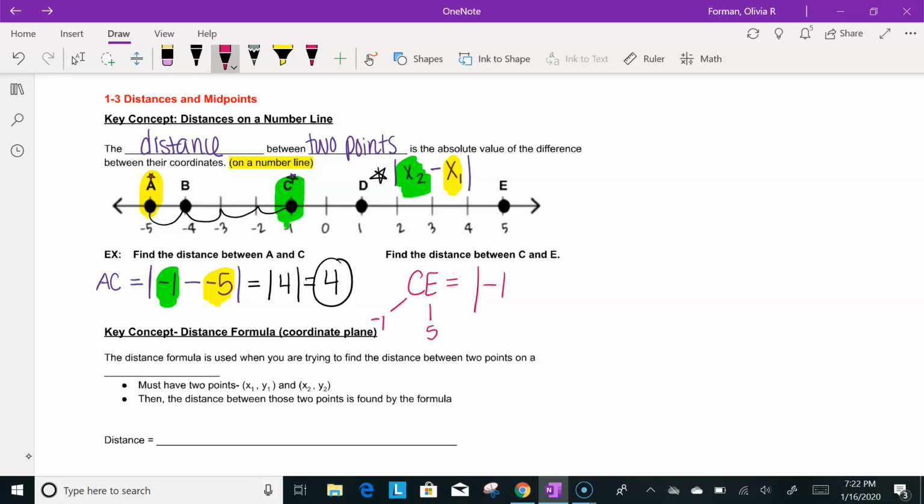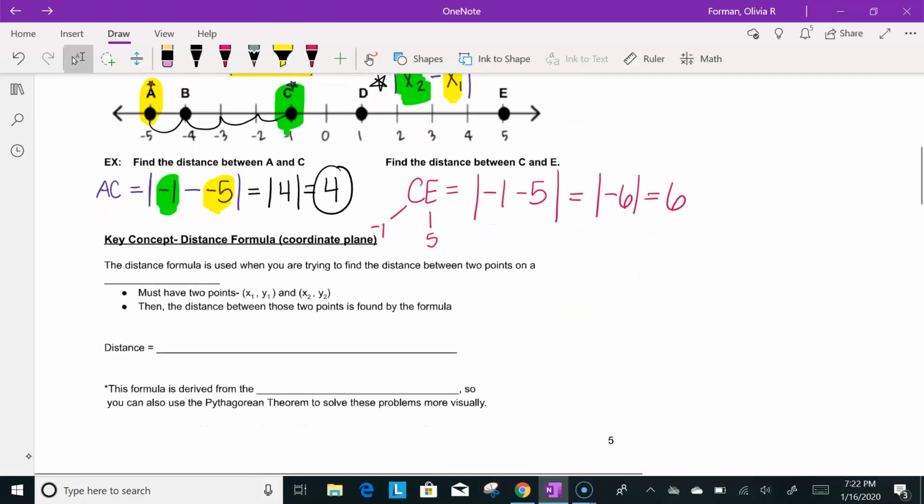It doesn't matter which one goes first, -1 minus 5 or 5 minus -1. Either way, we get the absolute value of -6. The absolute value of -6 just means what is my distance from 0? That is 6 units away, so we write a 6 right there.